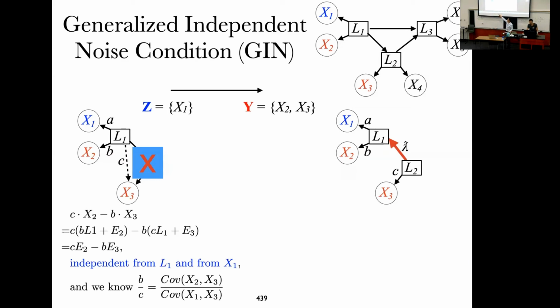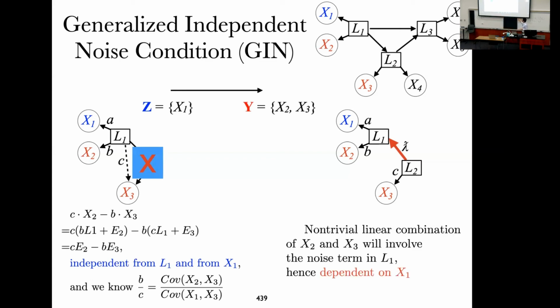The covariance of 1 and 3 would be A times C times the variance of L1. If you consider the ratio, wonderful. Now you can see it's just B to C. Good. Now you can see in the first case, you can easily find the linear combination in a very simple way, which is independent from that variable.